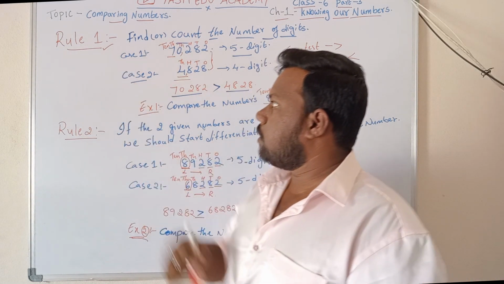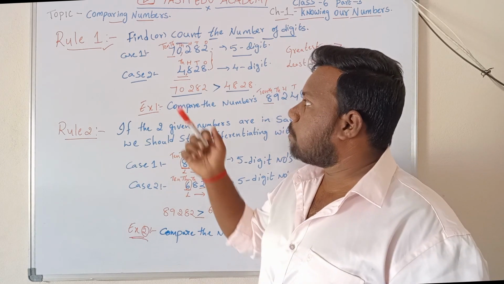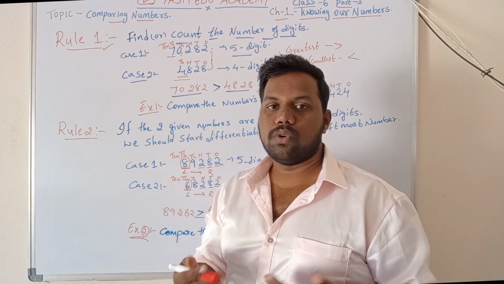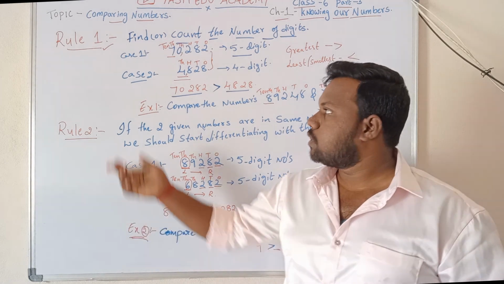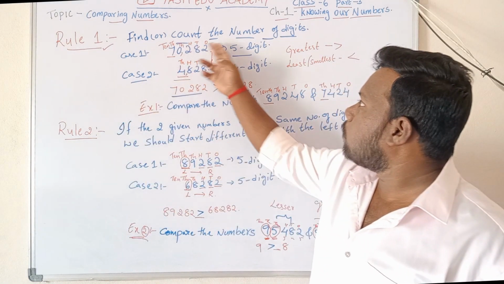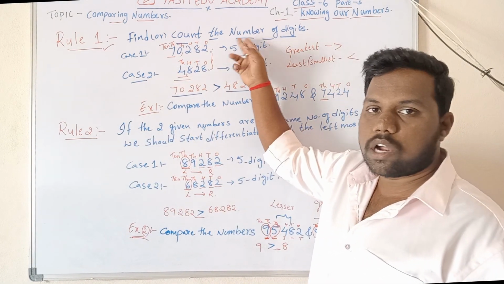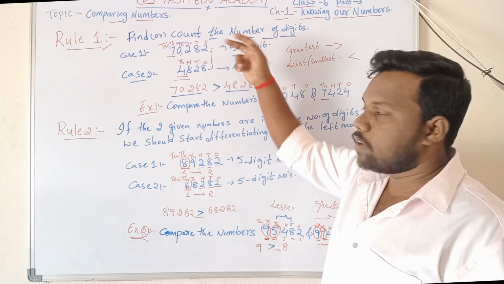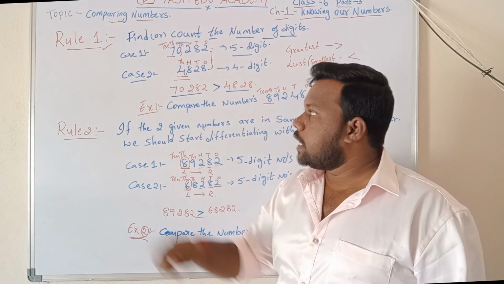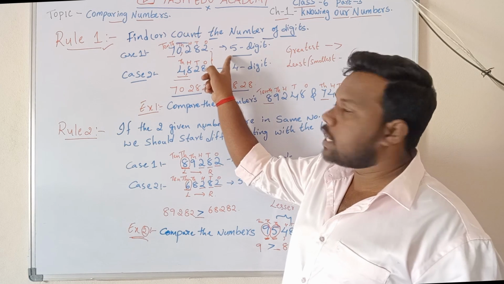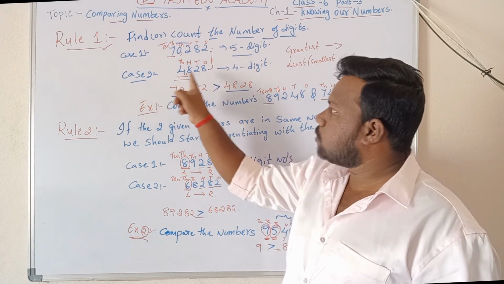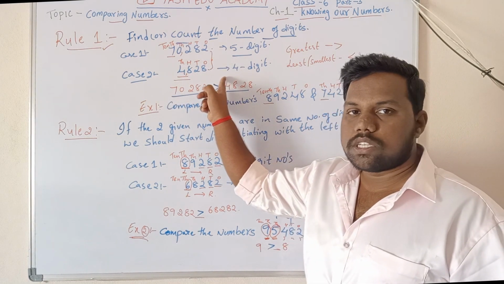The comparing numbers are differentiated into two rules, rule number 1 and rule number 2. In rule number 1, we should count the number of digits from the given two numbers. In case 1 we wrote 5-digit numbers, and in case 2 we have written 4-digit number.